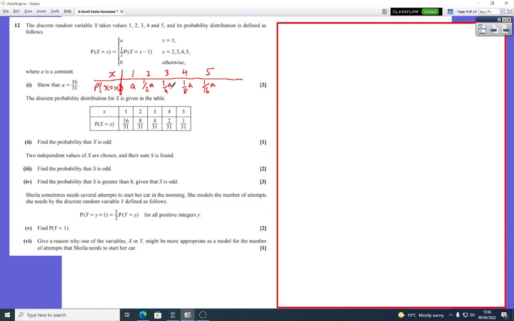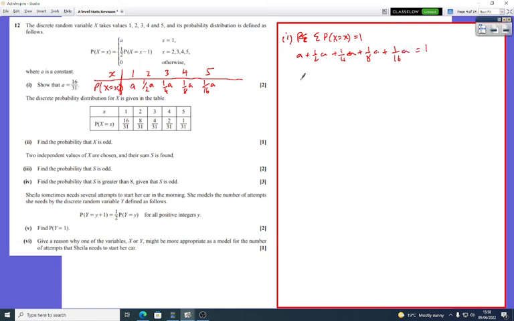In terms of a, we do know that the sum of probabilities, the sum of probabilities of x, is going to equal 1. So we know that a plus half a plus 1/4 a plus 1/8 a plus 1/16 a is going to equal 1.